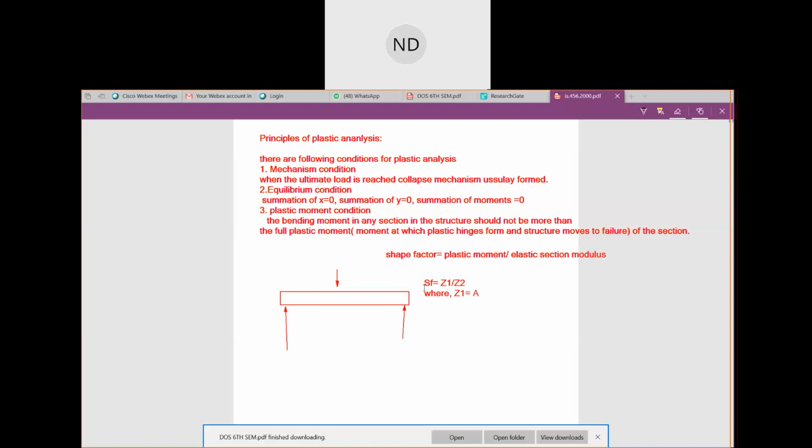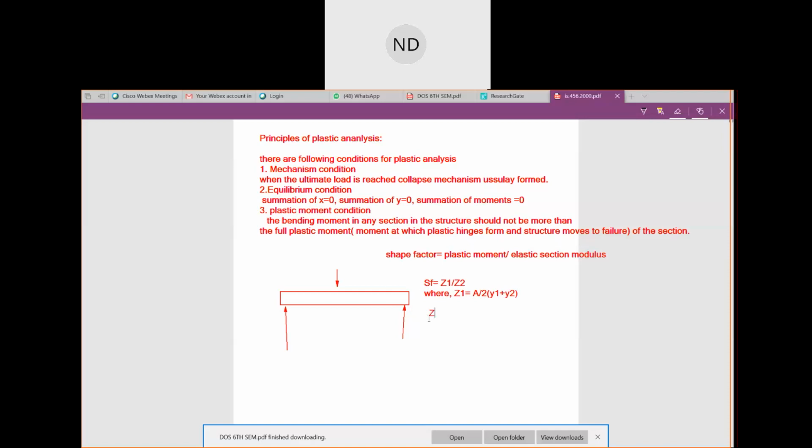Capital A by 2, which is your plastic modulus, right? So your plastic modulus is given by A by 2 into Y1 plus Y2. Z1 is your plastic modulus, given by area A by 2, Y1 plus Y2.